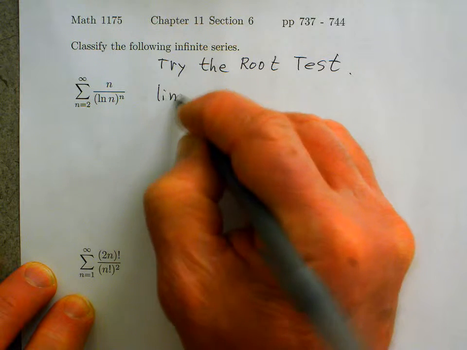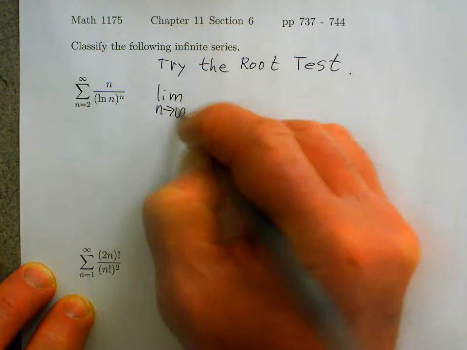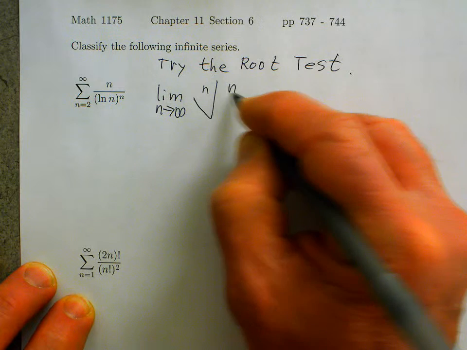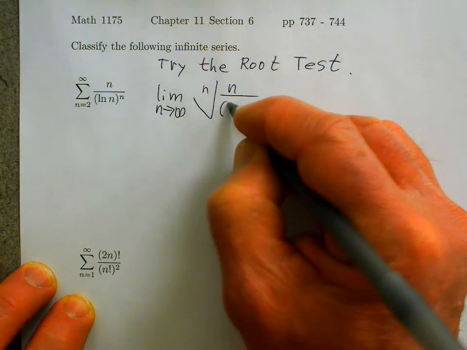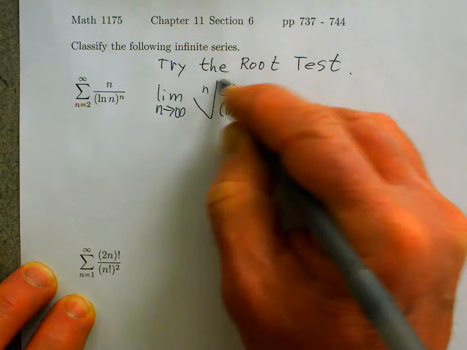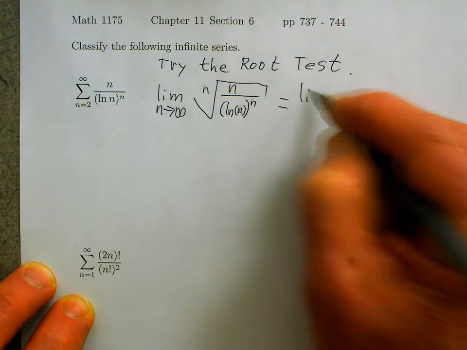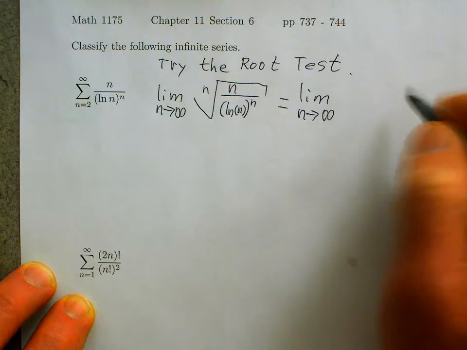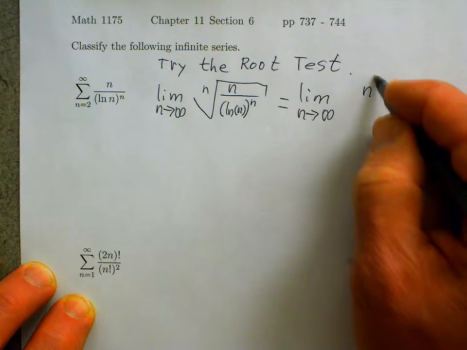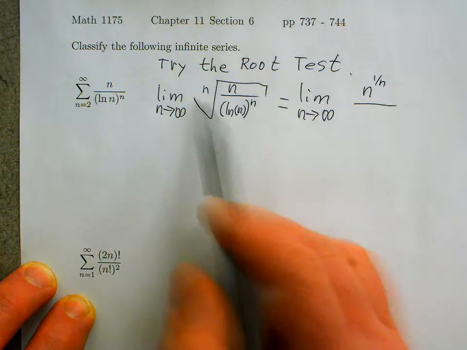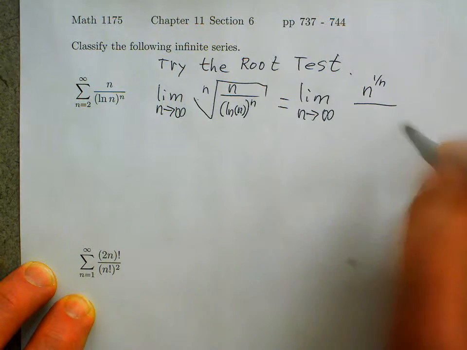So the limit as n approaches infinity of the nth root of the absolute value of n over (the natural log of n) to the n. In the numerator, the nth root of n is n to the 1 over n. And then the nth root of (the natural log of n) to the n is the natural log of n.